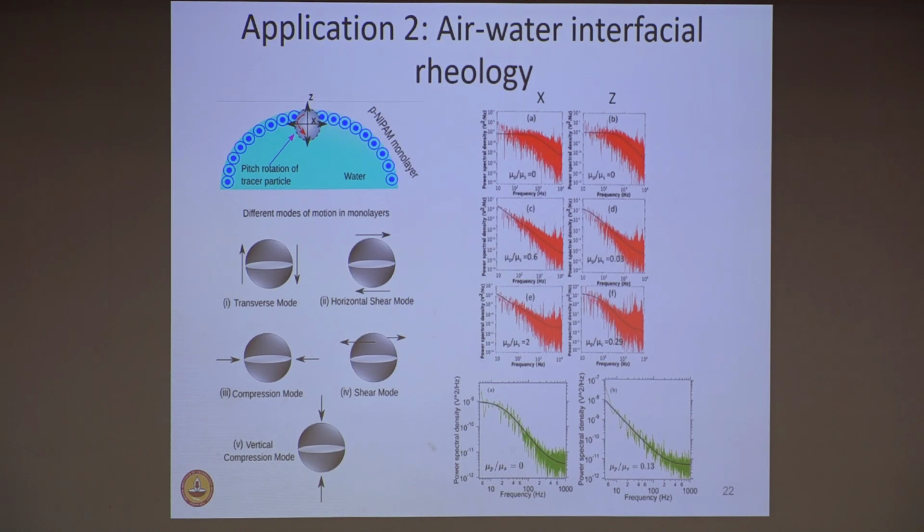Initially, as it is free, it is quite Lorentzian and viscous. But as the network of p-nipam forms, it becomes viscoelastic. Even in this mode, it becomes viscoelastic. So all three modes show that. This is the first time it has been studied, so it can have a lot of potential applications, particularly in interfacial rheology.